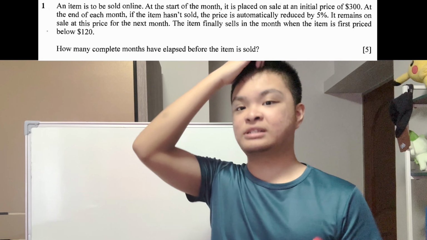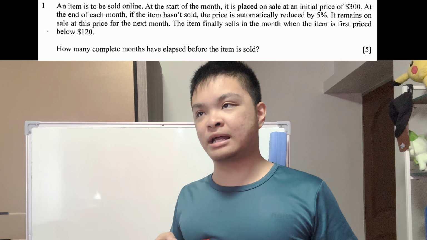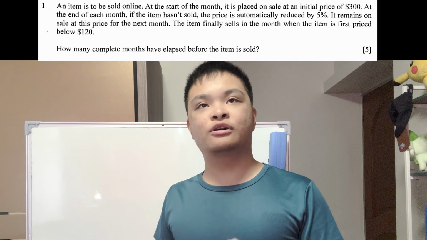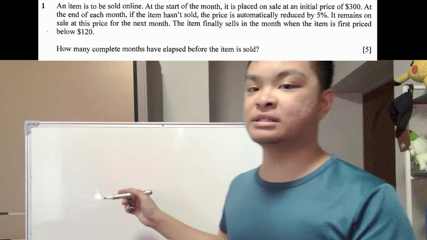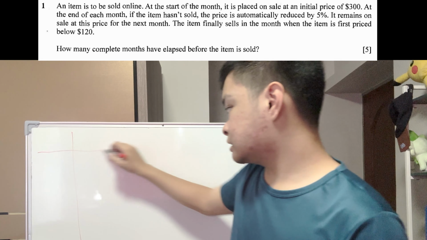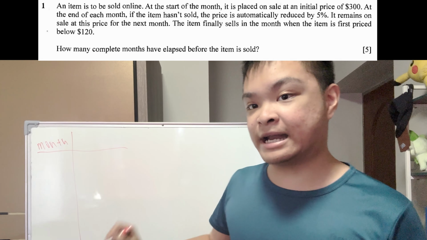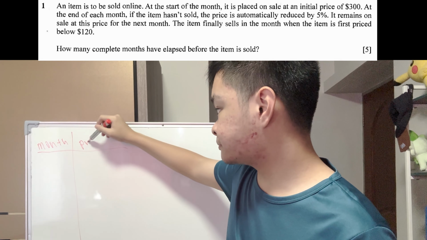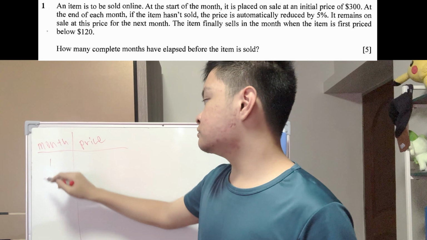So the first thing I notice is that it seems the price will decrease lesser and lesser each month. Why? Let me first visualize this by drawing a table. Let's say this is the month, and then this is going to be the price. On the very first month, nothing happens to it.